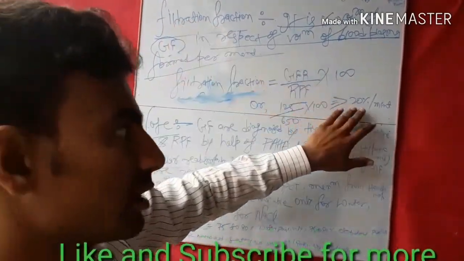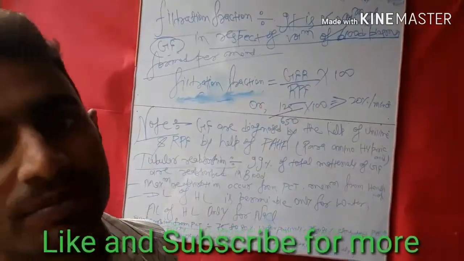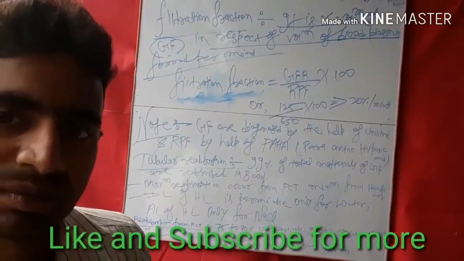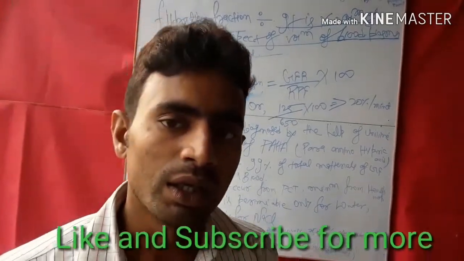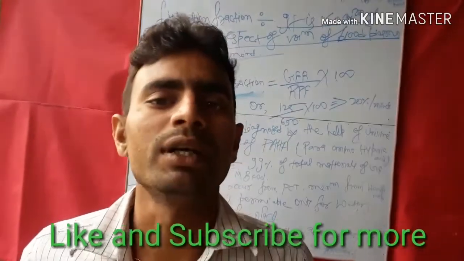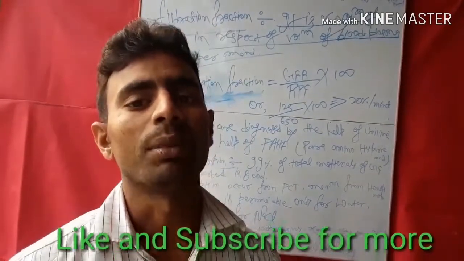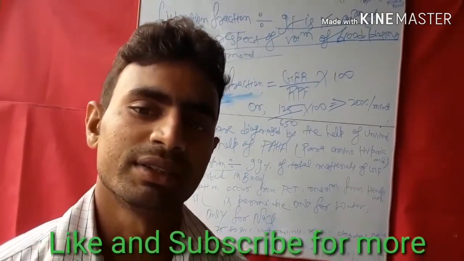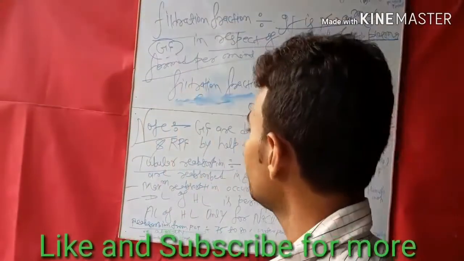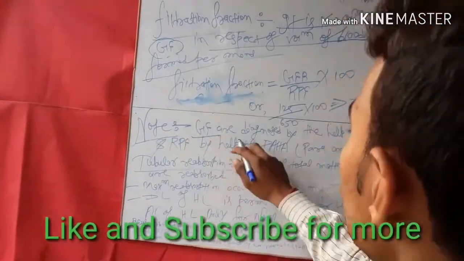This means the filtration fraction is 20% of glomerular filtrate per minute. You were told the filtration fraction is 20% per minute, but 20% of what? It is 20% of the glomerular filtrate.